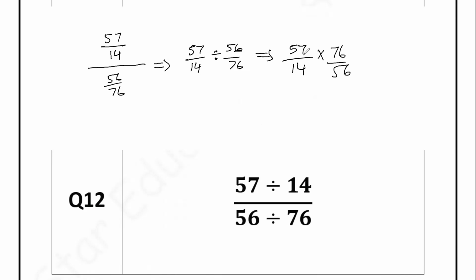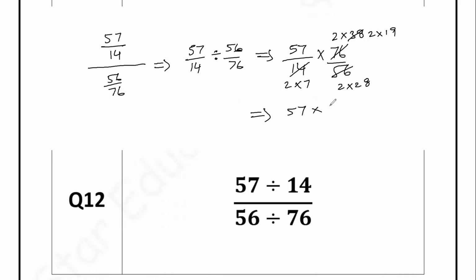And let's see. So 2 goes into 76 38 times. Again, 38 is 2 times 19. This is 2 times 7. This is 2 times 28. Now simplify it.